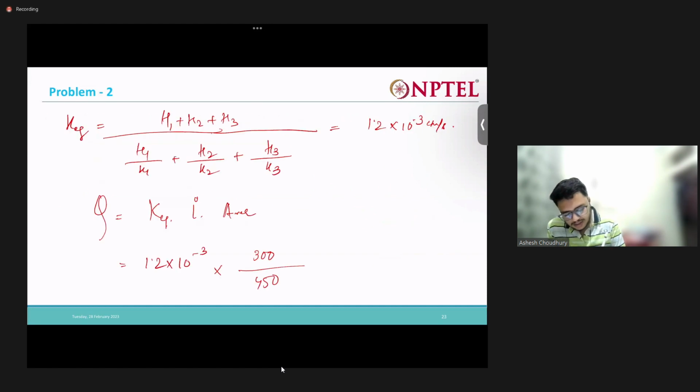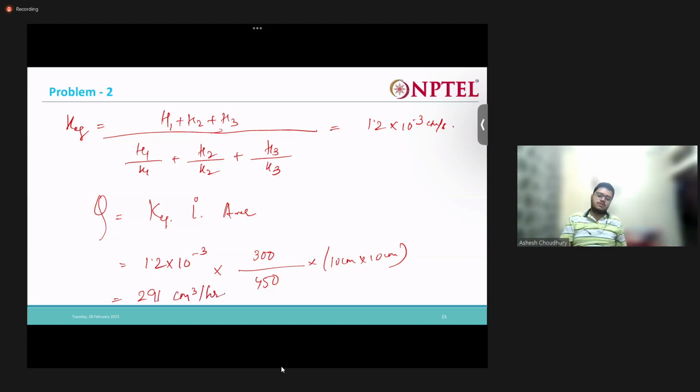Area is the cross sectional area, 100 mm into 100 mm, so 10 centimeter into 10 centimeter. If I do this, I get 291 cm³ per hour as the total flow.